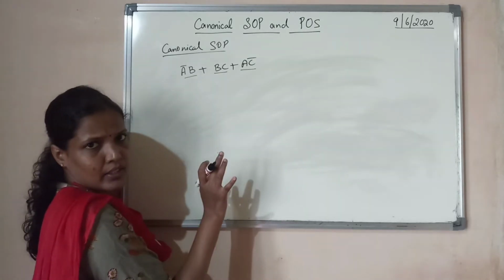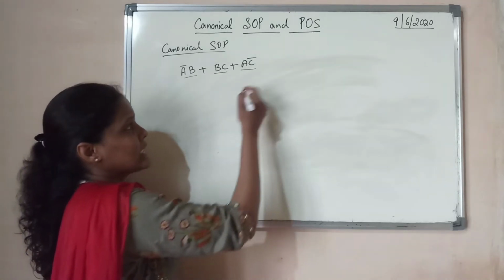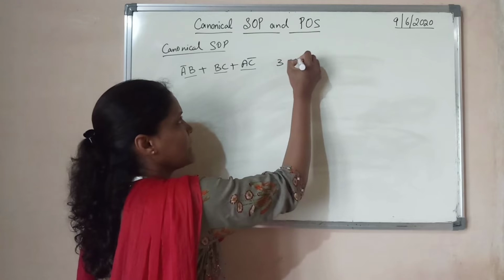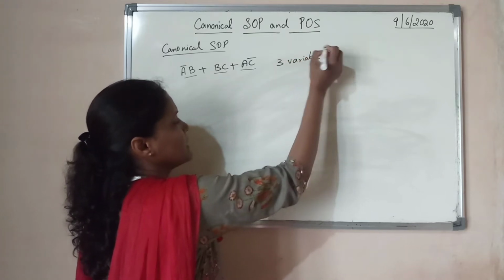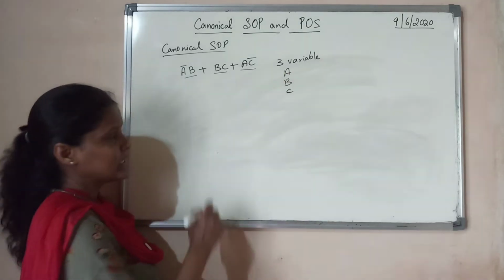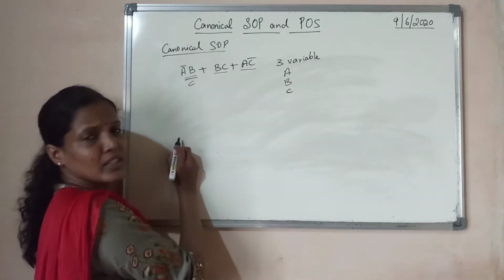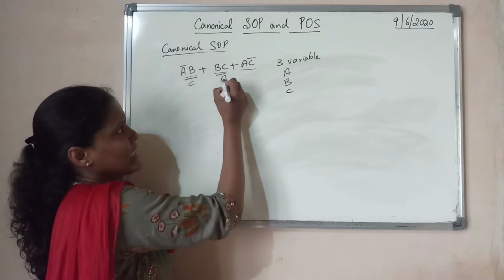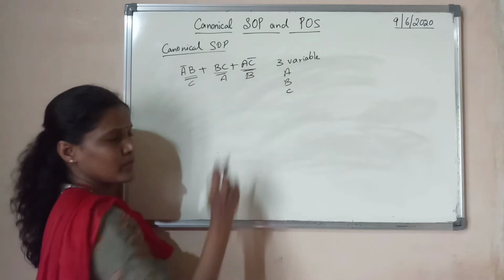These are three different terms, but it is a three variable expression. Three variable expression means A, B and C are the three variables. In the first term C is missing, in the second term A is missing, and here B is missing.